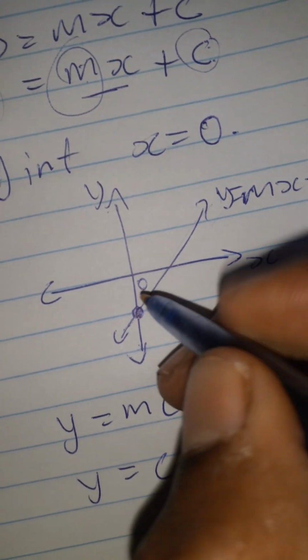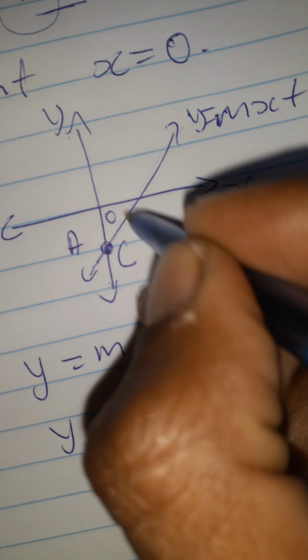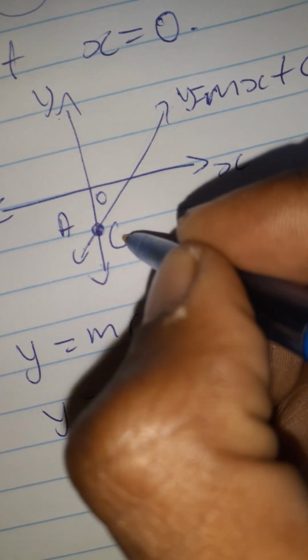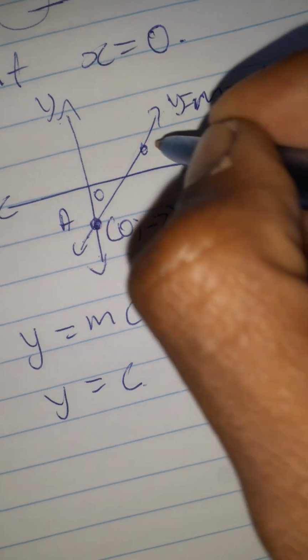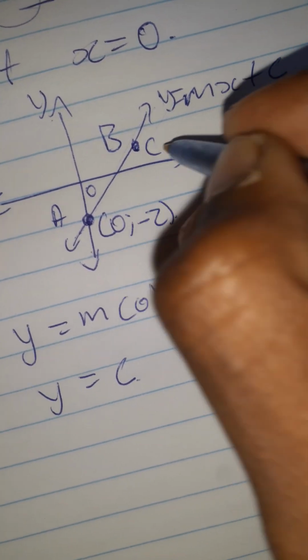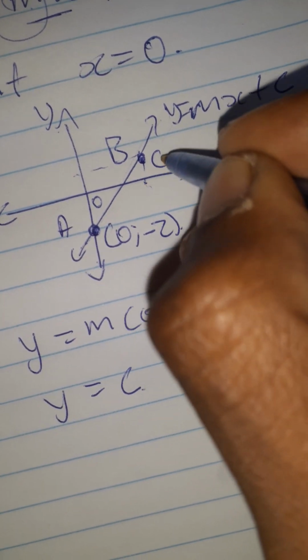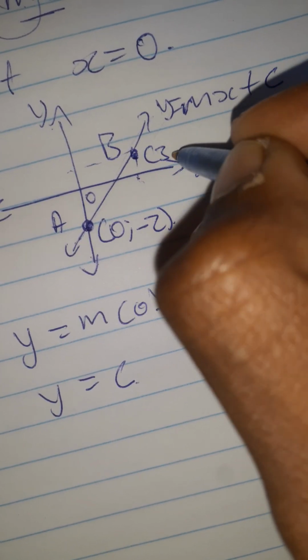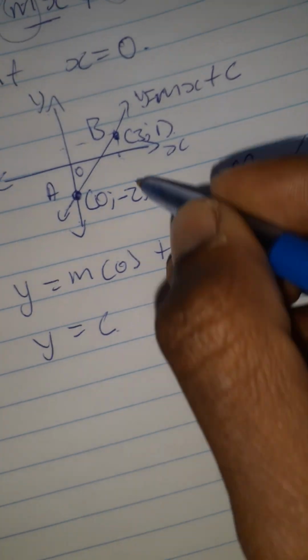Now, say in this Cartesian plane and this graph, you have the coordinates of point A here as (0, -2), and here you have your point B with the coordinates, say, (3, 1).